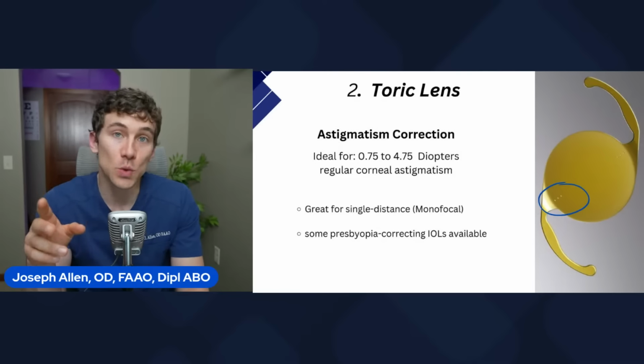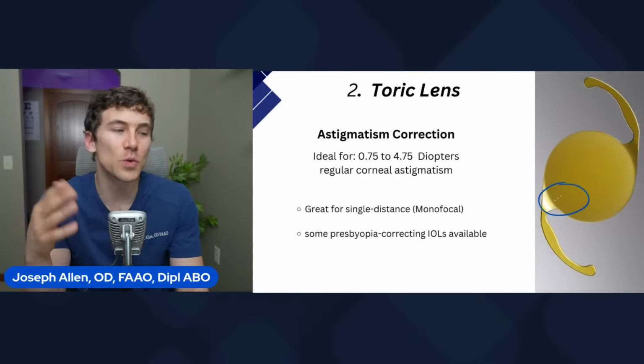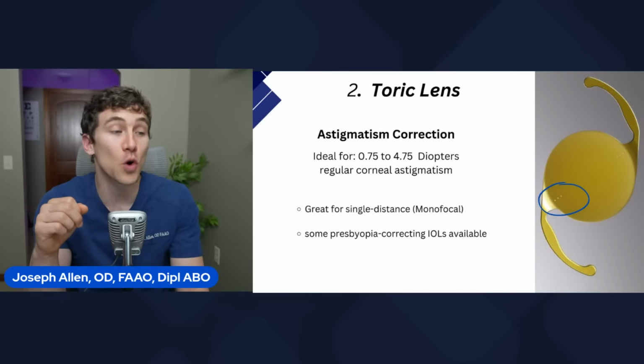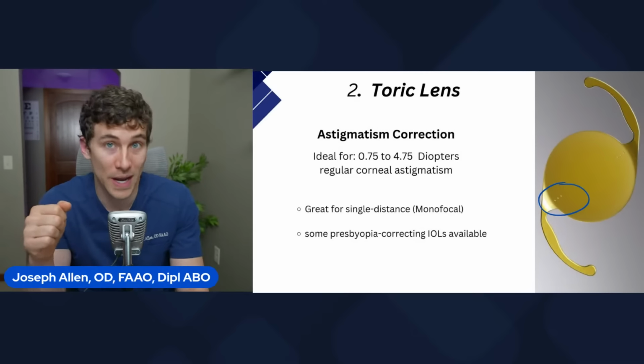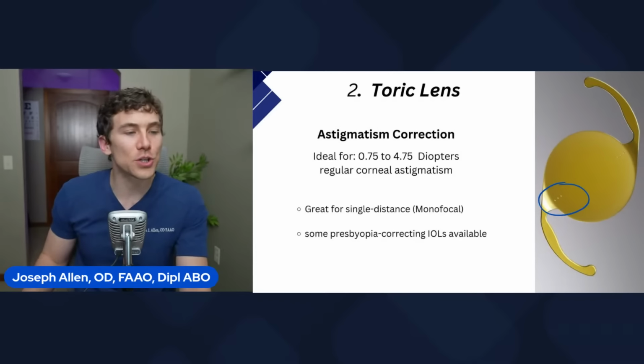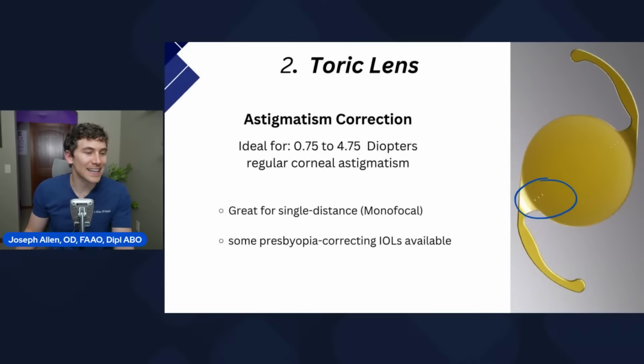Ideally for individuals with about 0.75 to about 5 diopters of corneal astigmatism, this is a great option. I put an image of that lens, this yellow lens with these 3 little dots over in the corner that I circled with a blue marker. Those are the dash marks. If you came in to see me after having a toric lens implanted and we're just seeing you for a regular exam and I dilated your eye, I could tell if you had a toric lens implanted because I would see those little dots.